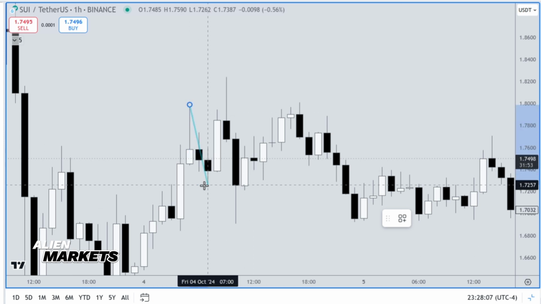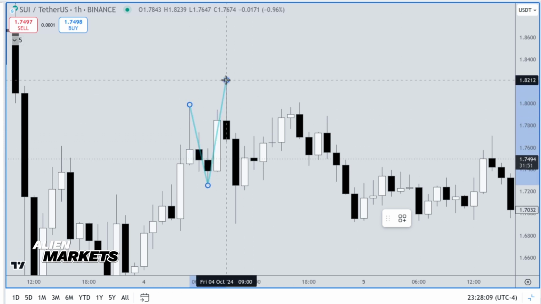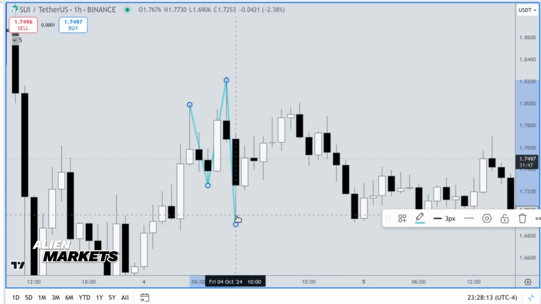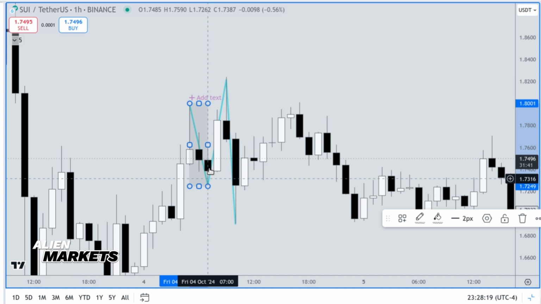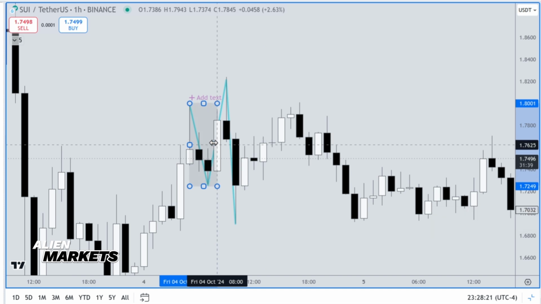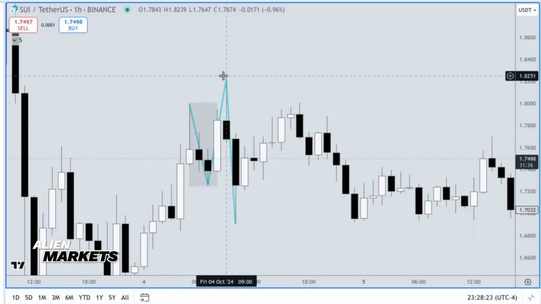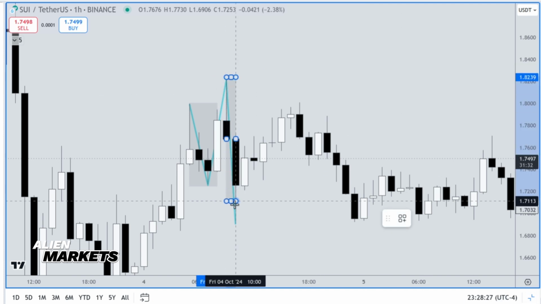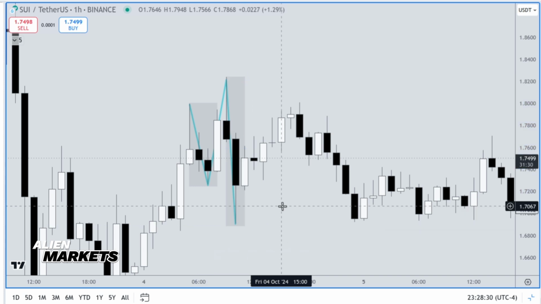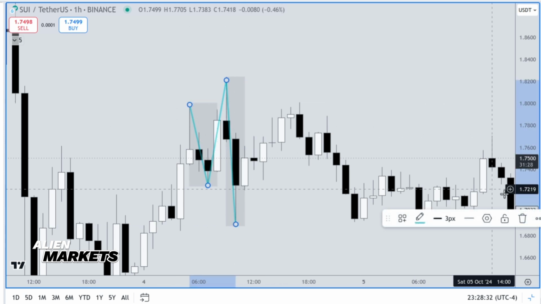High, low, higher high, lower low, right? If we see these candles as a range, we can say that these 2 candles were also an outside bar of this range, right?